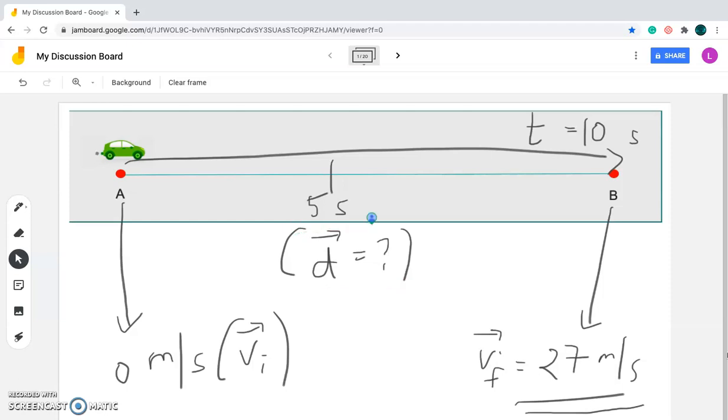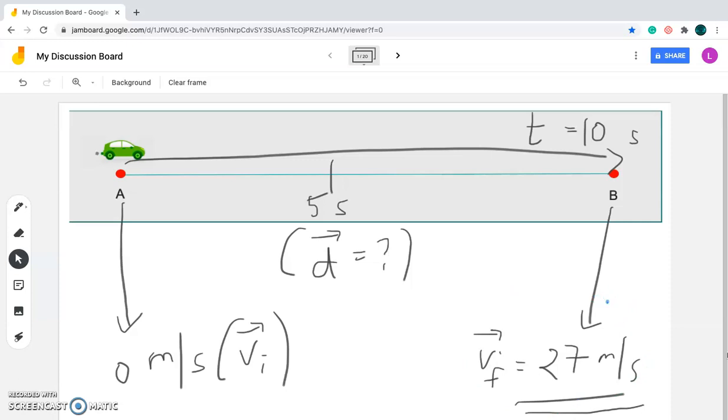Yes or no? The answer is no. Okay? You are not supposed to use 27 meters per second as your final velocity if you're solving for the displacement here, simply because this 27 meters per second velocity happened after 10 seconds, okay?